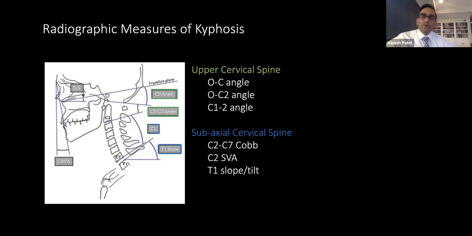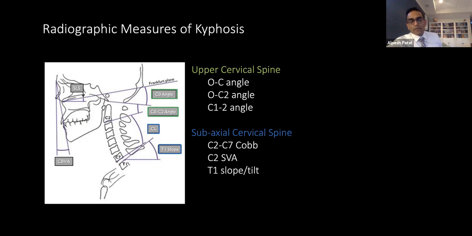But if we hone in on most of the deformity that we're going to treat, it's in the subaxial spine or maybe even in the thoracic spine. So then we start thinking about Cobb angles. And I thought Dr. Koski did a great job describing how we measure Cobb angles last time around, but it's the same concept here. You take the bottom of the C2 end plate, the bottom of the C7 end plate, and you measure the angle that's subtended between them as your C2 to C7 Cobb angle. We then look at the C2 SVA.